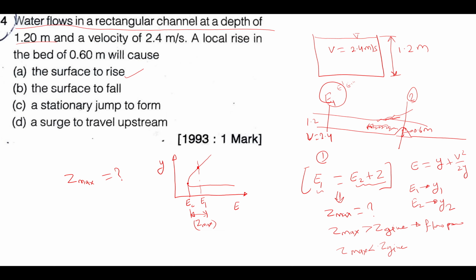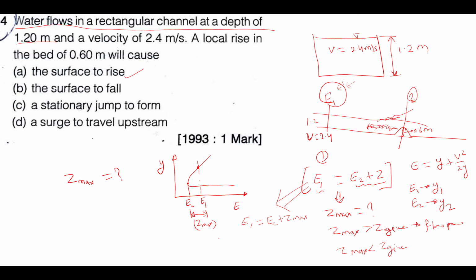So you need to calculate Z max. For Z max, your equation will be E1 equal to critical energy, that is the minimum energy. What is the minimum energy to flow above the hump, or Z max? So your Z max will be equal to, now put the values.